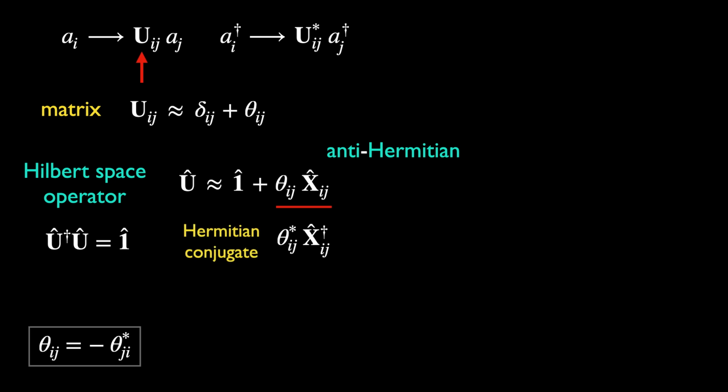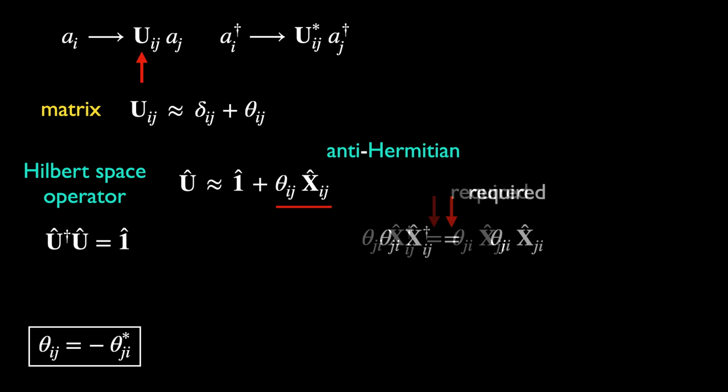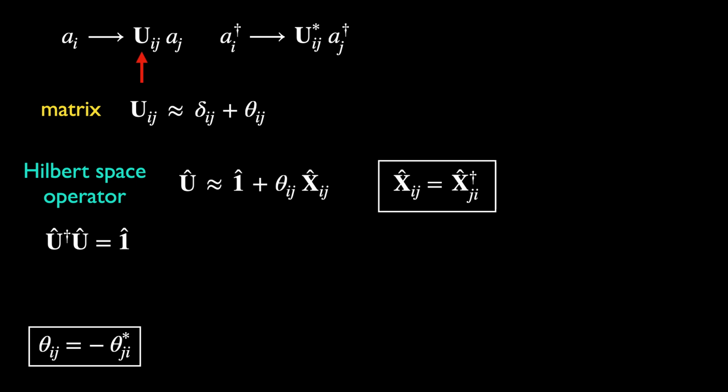Using the anti-Hermitian property of theta, we have this. This is required to be the negative of the original operator in order for the term to be anti-Hermitian. Thus the Hermitian conjugate of X_ij needs to be X_ji, or equivalently, the switching of i and j is negated by the Hermitian conjugation.